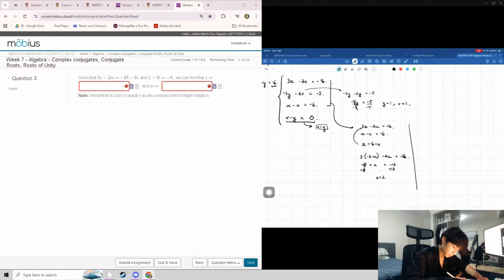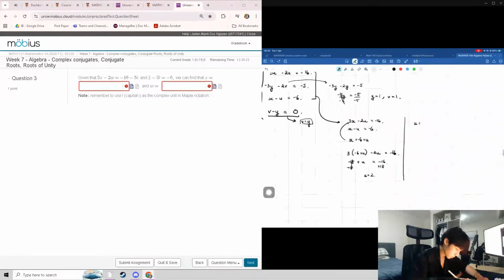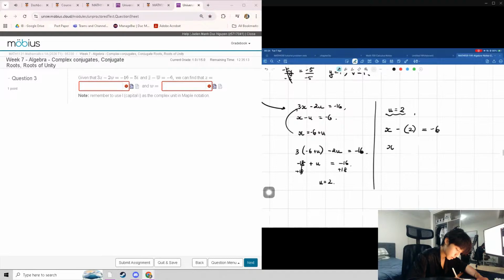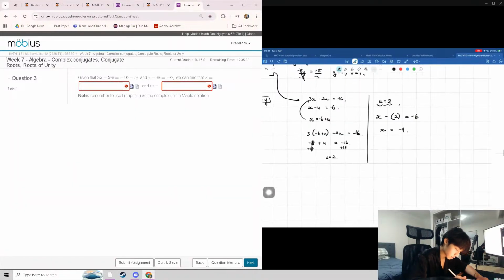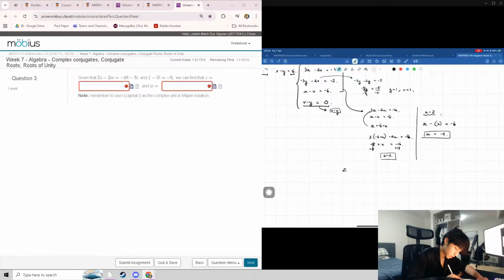Once again, u. Because since u is equal to 2, x minus u, we would have minus 6. So x is equal to minus 4. And so we now have our roots. And we can compute z, because z is x plus iy, right?